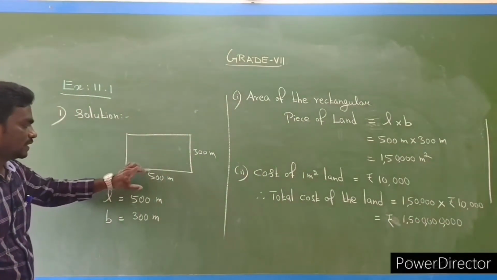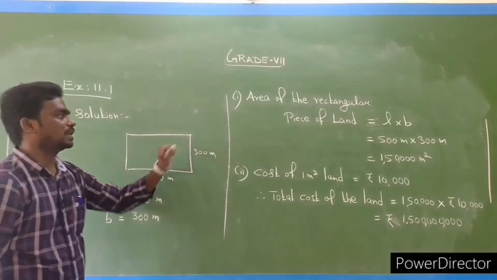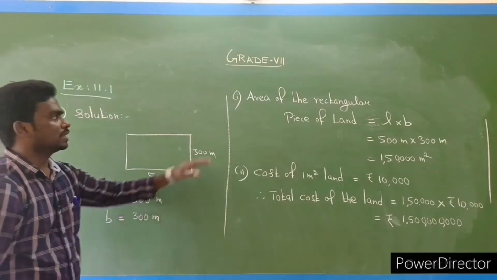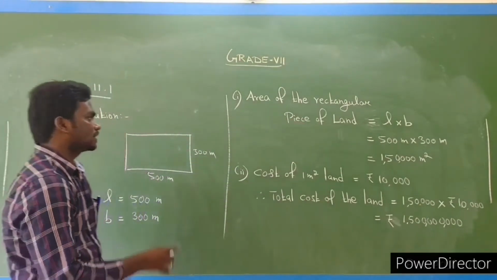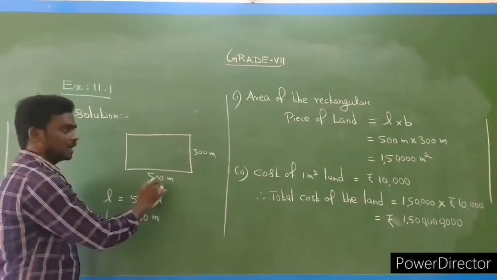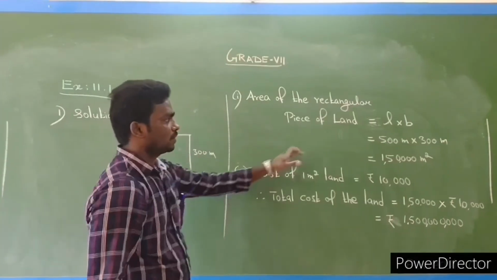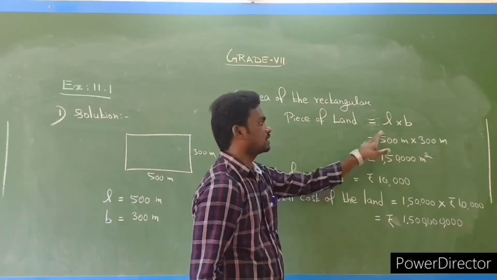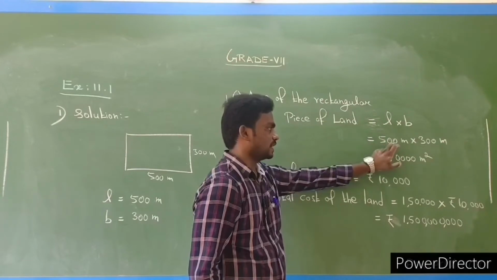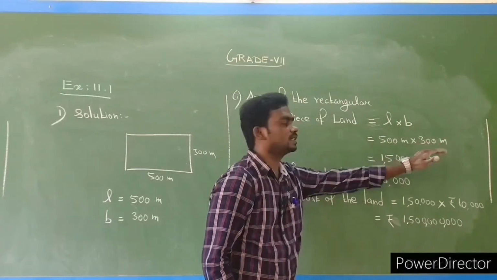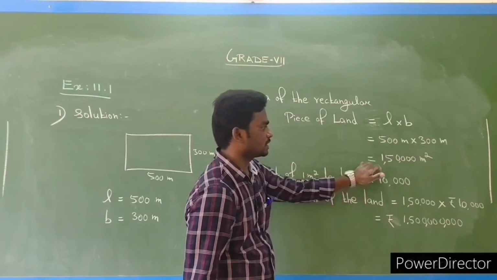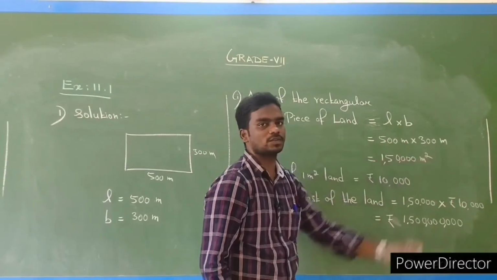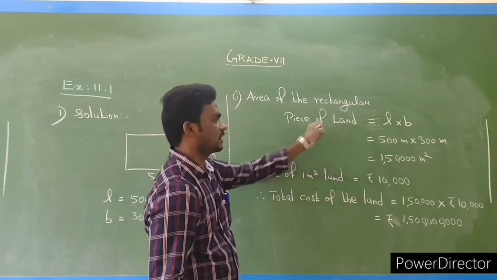So how to solve this? Here the length of the land is 500 meter and breadth of the land is 300 meter. The first question, we want to find the area of the rectangular piece of land. The formula for area of the rectangle is L into B, which is 500 meter into 300 meter, equal to 1,50,000 meter square, which is called the area of the land.